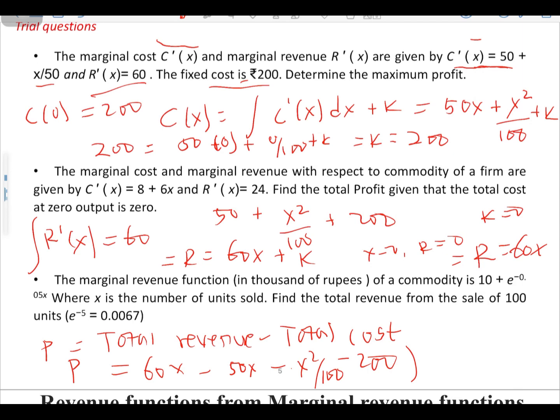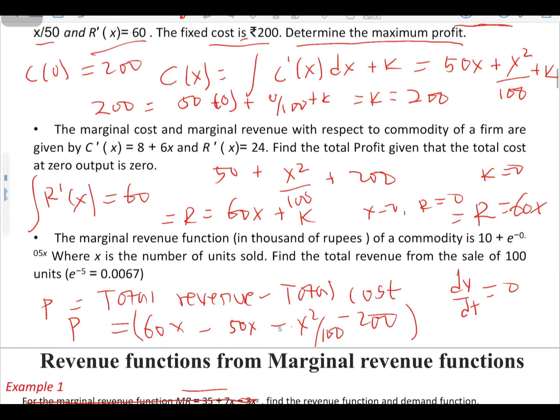So when you are given any other value, you are going to substitute inside to get your total profit, right? But here, let's look at the question. The question is telling us that we should determine the maximum profit, and at the maximum point, your first differential, from calculus 1, your first differential, dP/dx equal to 0, is our maximum point.